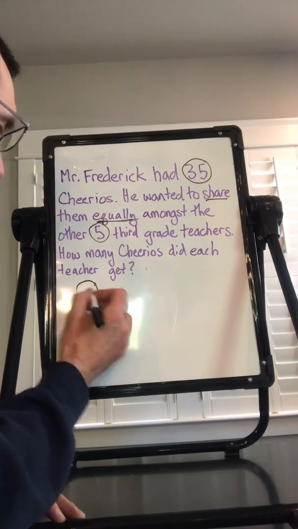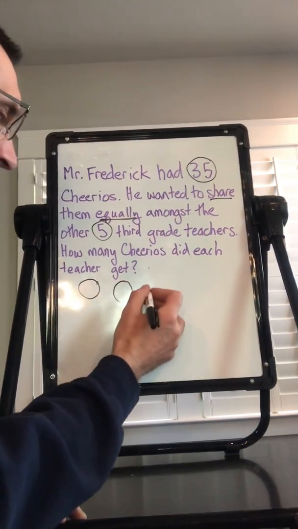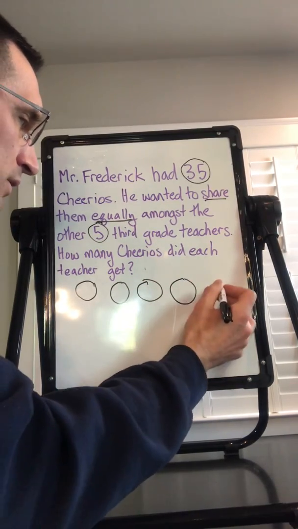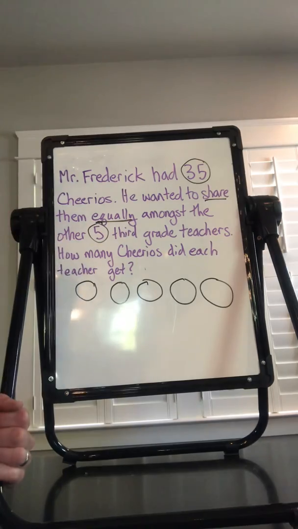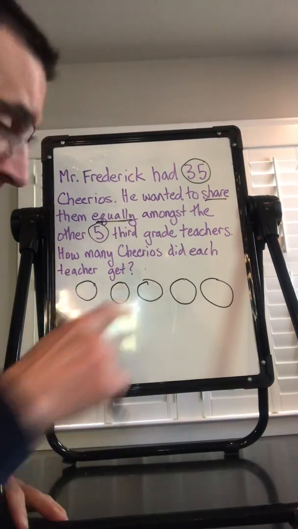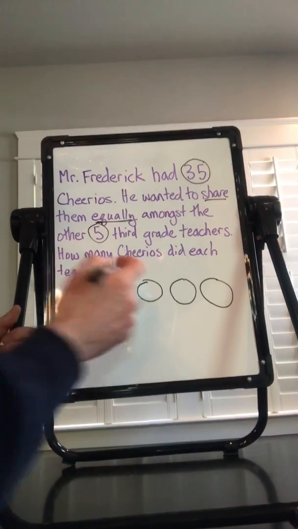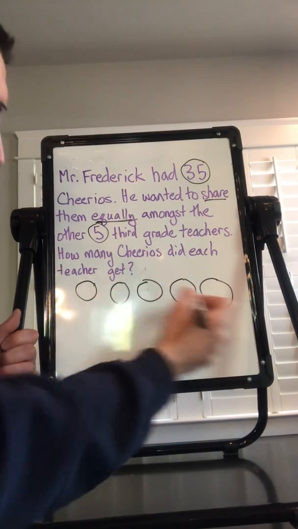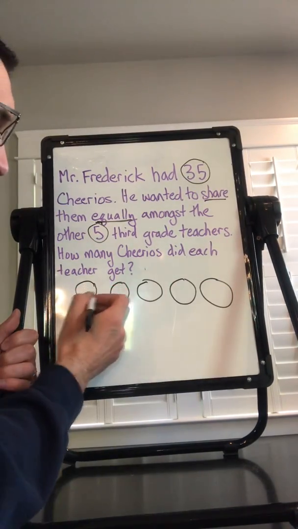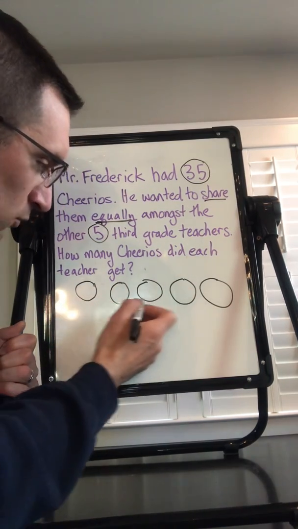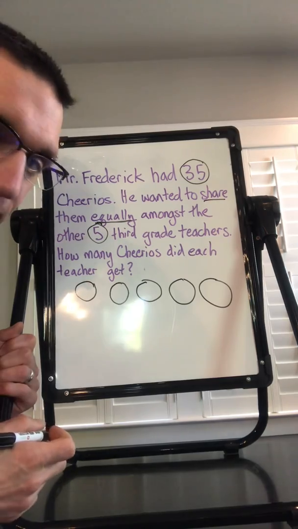So I'm going to go ahead and draw 1, 2, 3, 4, 5 circles. And in those circles, this is where I'm going to put my 35 Cheerios. So I'm going to share my 35 Cheerios equally amongst each of those 5 circles. Each circle right now represents a teacher.